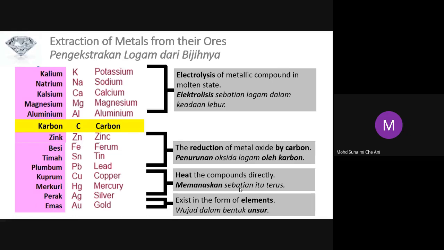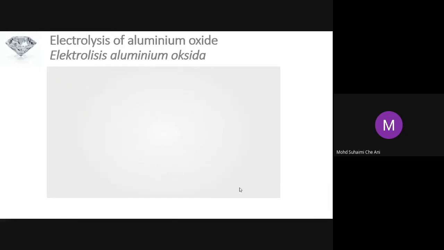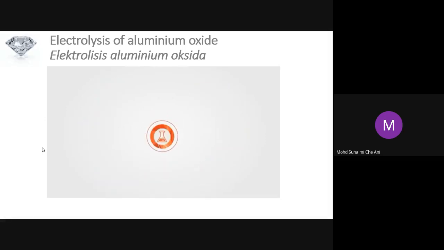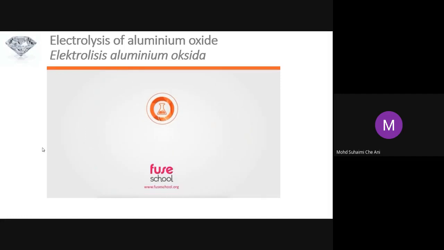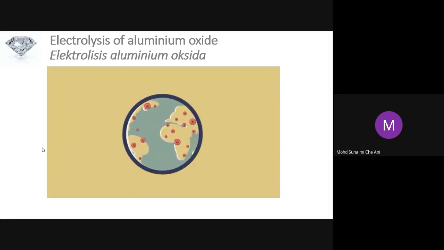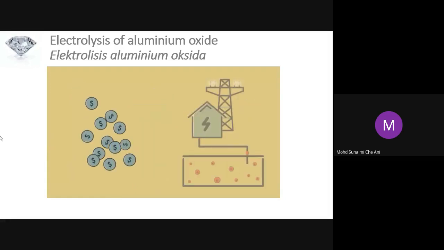So you can look one by one. For the first one, electrolysis, I take aluminium oxide as an example. They want to extract the aluminium from the aluminium oxide using the electrolysis method.